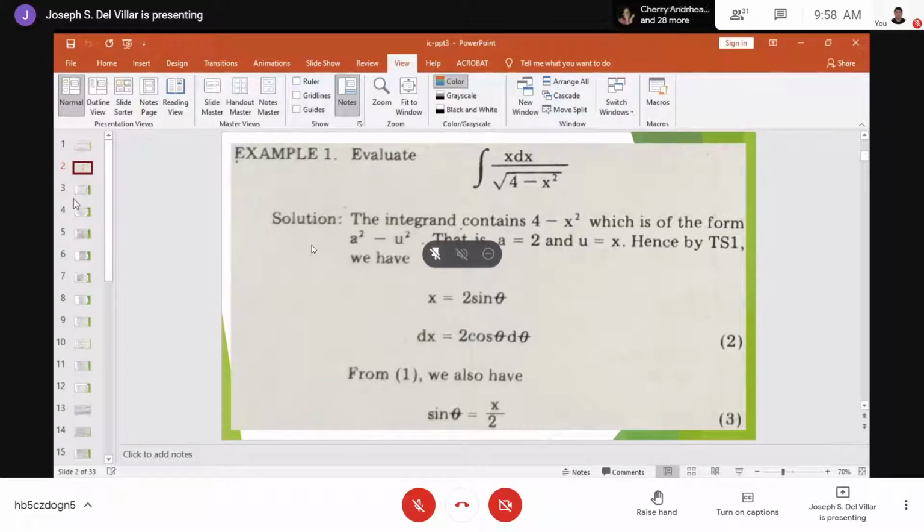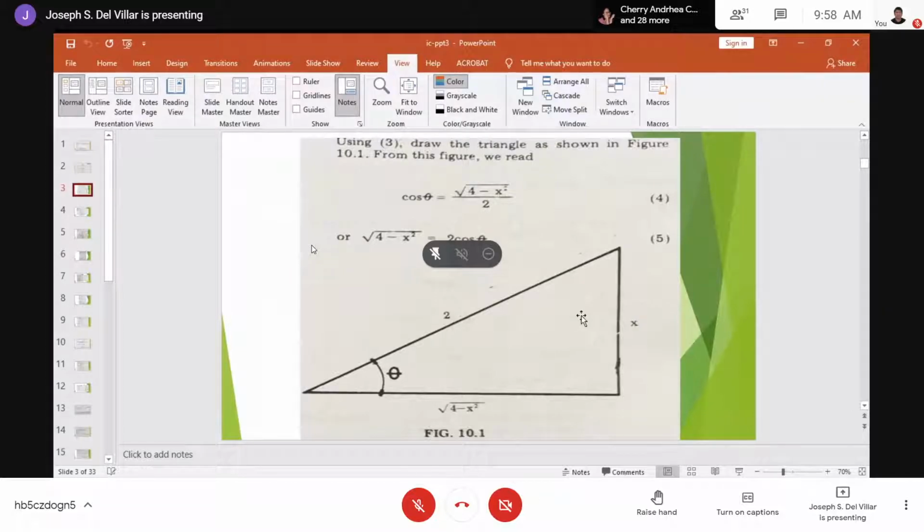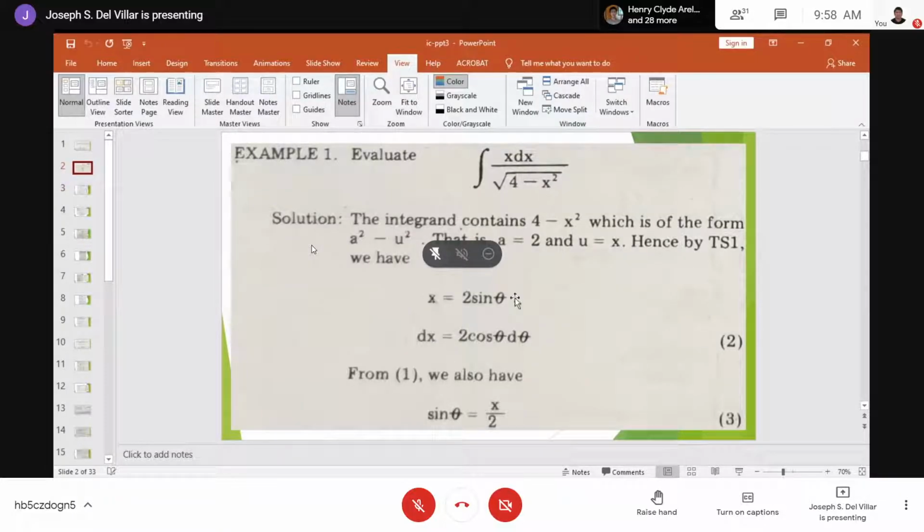Okay? So what is next? Next is you draw a right triangle. How are you going to draw the right triangle? You go back to the substitution. X is equal to 2 sine theta, or solving for sine theta, sine theta is equal to x over 2.